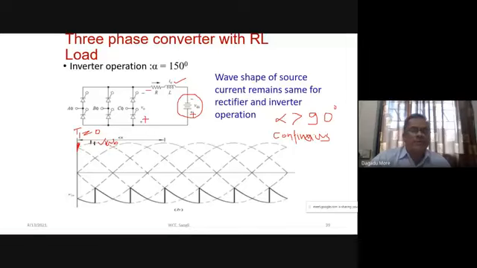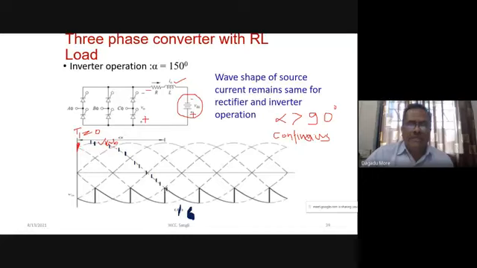I am just putting these dots; this is the VAB. Which devices will be conducting now? In case of VAB, A is positive, so 1, and B means 6. 1 and 6 are conducting. But from here, what is the distance here? This is alpha equal to 60 plus 60, 120 plus 30.